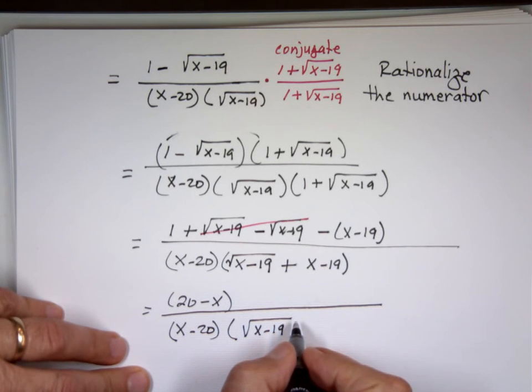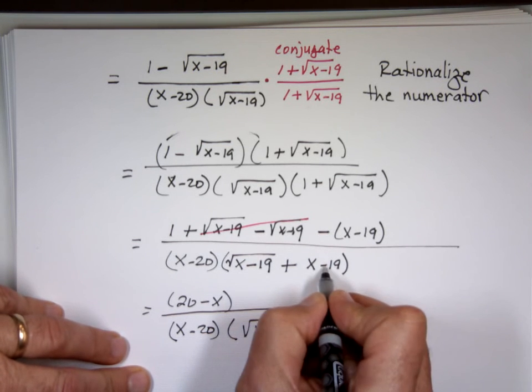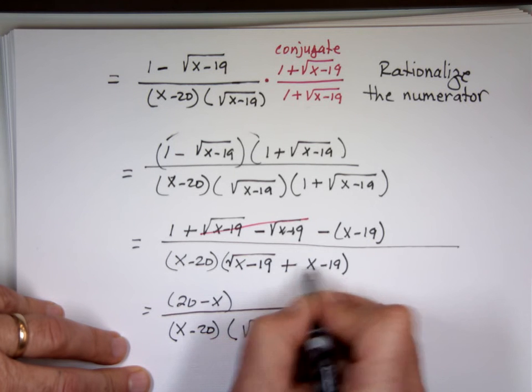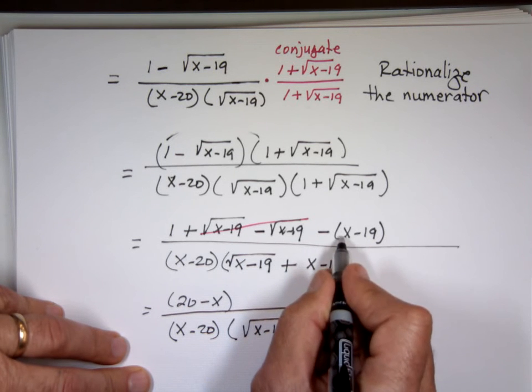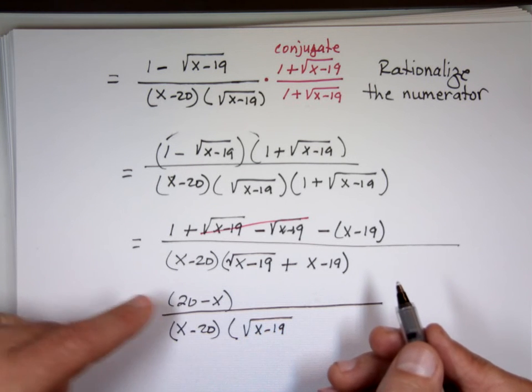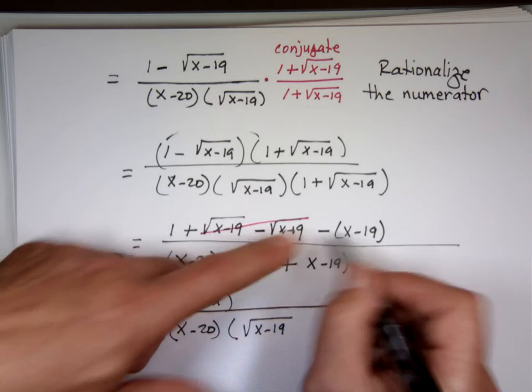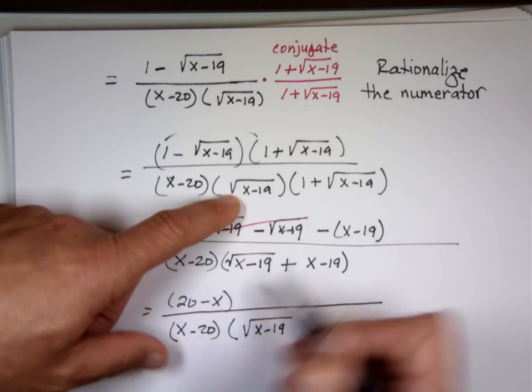If I take the minus sign out, that should be what? Plus, right? Because it's minus x. Why did I switch the sign? What was I thinking about? Oh, right here. I'm sorry. Oh, my mistake. Yeah, I'm looking right here. I was looking at this and this. This times this, that's good. This times that's x minus 19. That's correct, yeah.